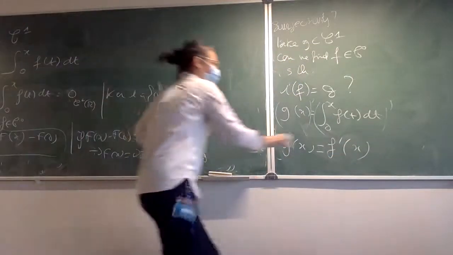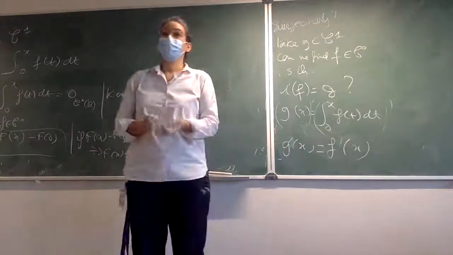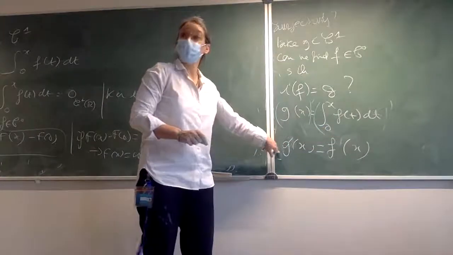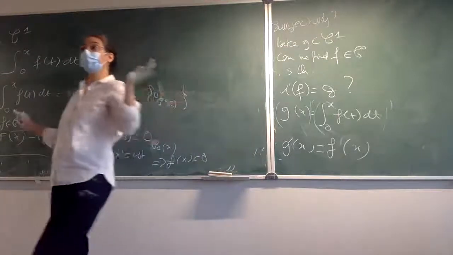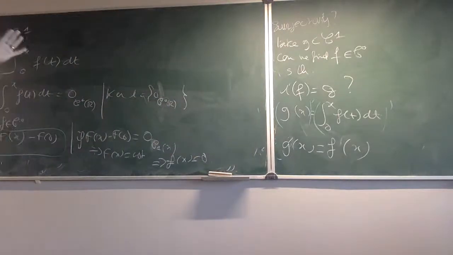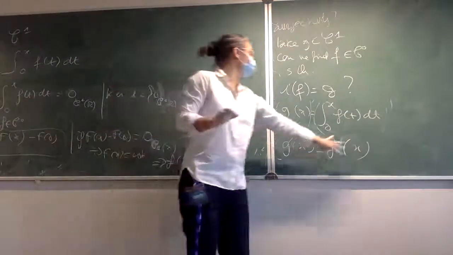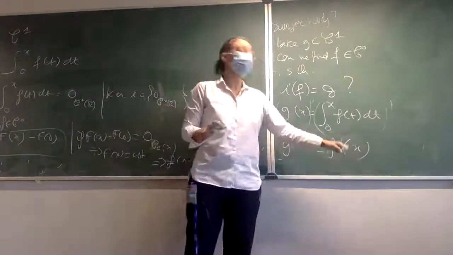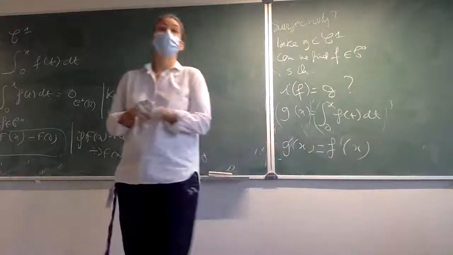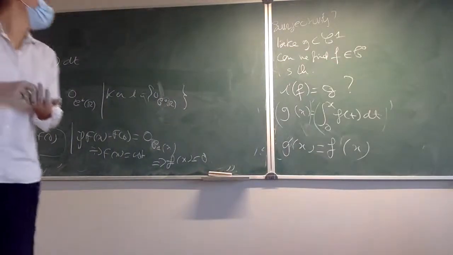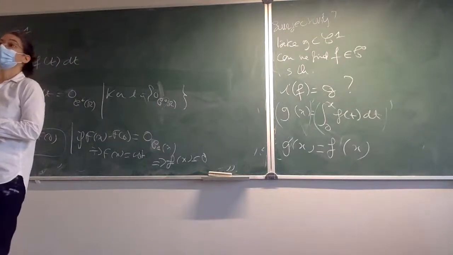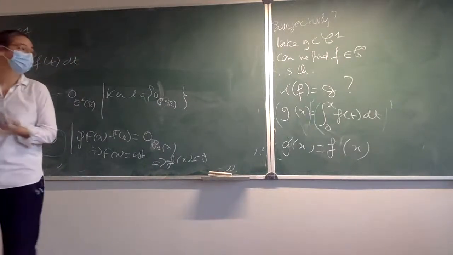Okay, so I can do it because g belongs to C1, so I can take its derivative, and it's going to uniquely define a C0 function that is f.